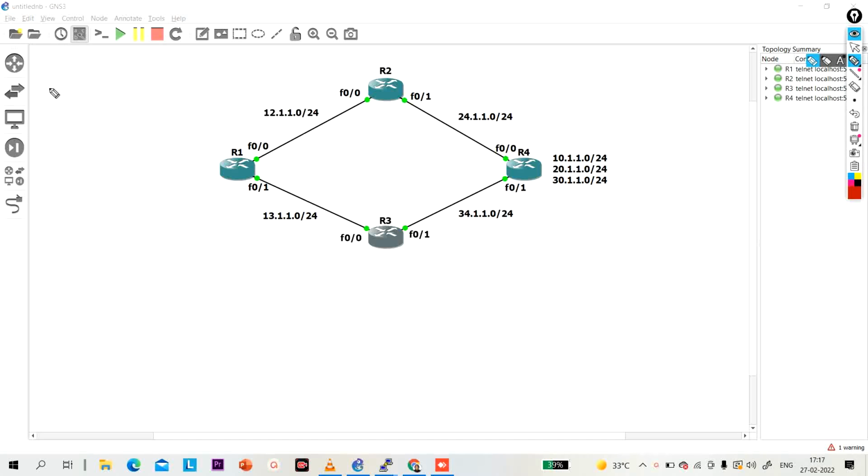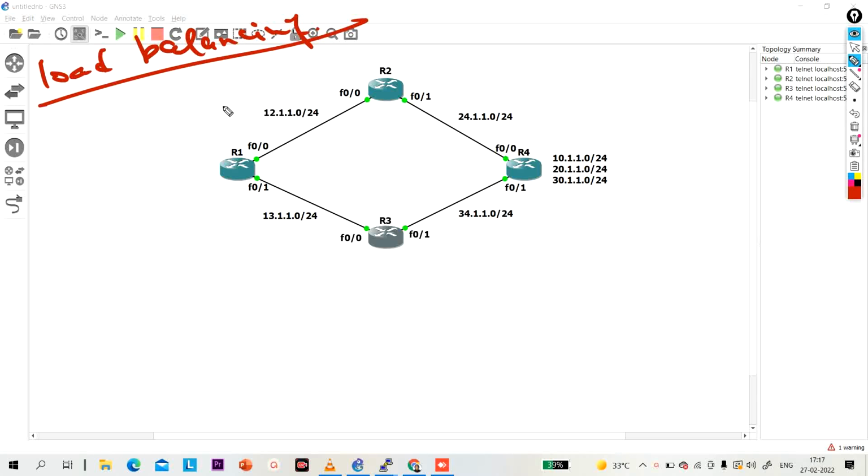Guys, today in this video, we are going to discuss load balancing in EIGRP. So the topic for the day is load balancing. And guys, as you know, EIGRP is the only protocol which performs both equal as well as unequal cost load balancing.